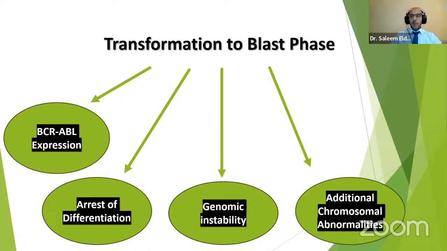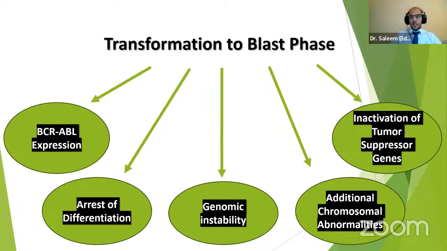Additional chromosomal abnormalities are commonly found in patients with blast phase transformation. More than 80% of cases with blast phase CML have additional chromosomal abnormalities, most commonly in chromosome 8, double Philadelphia, and isochromosome 17q.